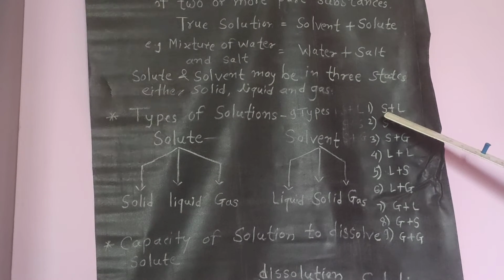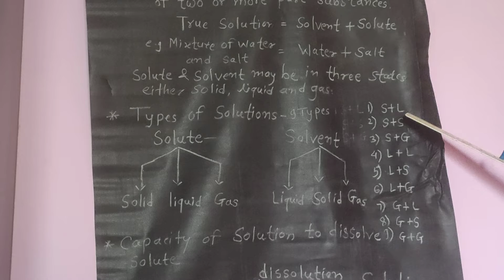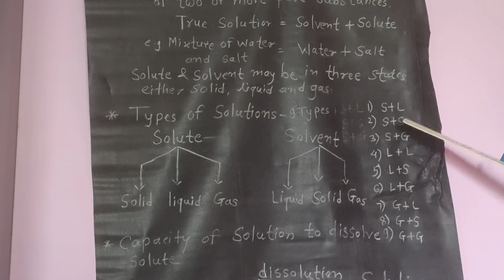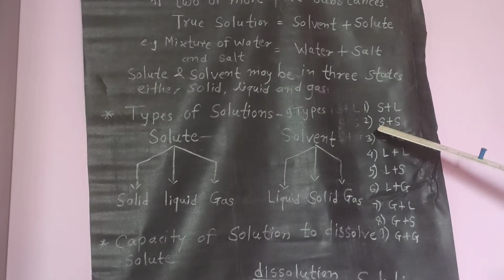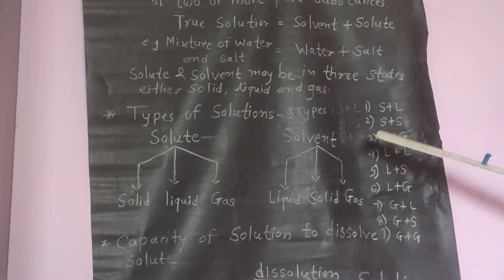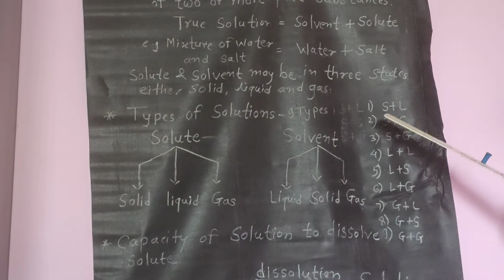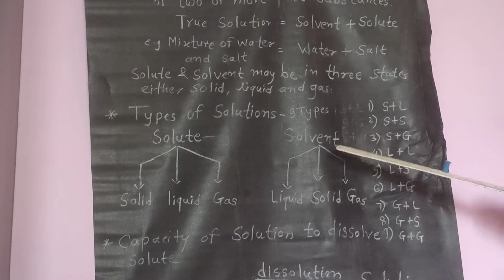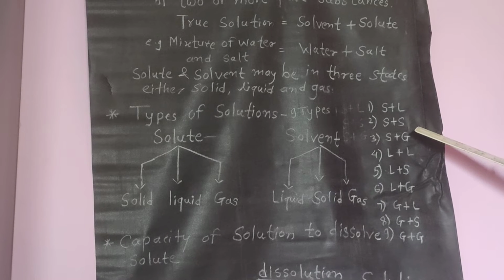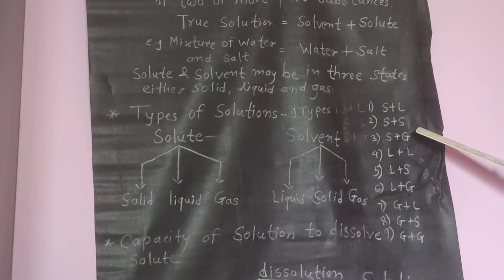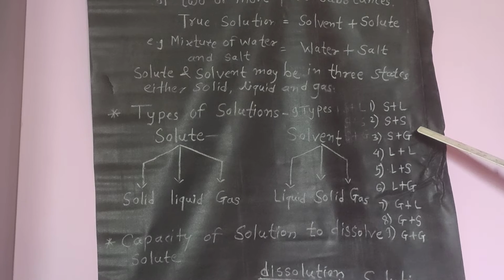Here the sugar is in solid state and water is in liquid state. And the second example is solid state and also solid state. In this the solid is solute and the solvent is also solid state. For example, metal alloys such as brass and bronze.